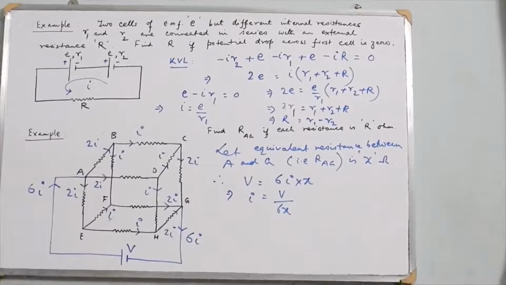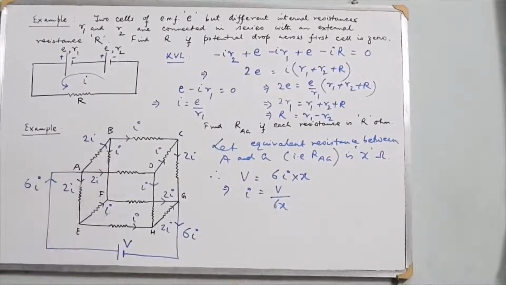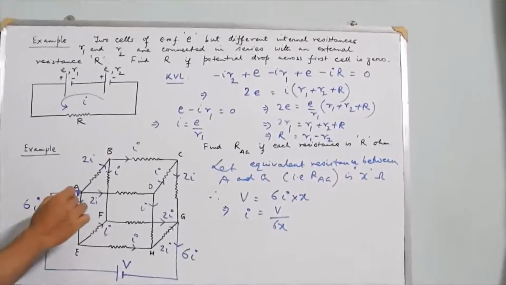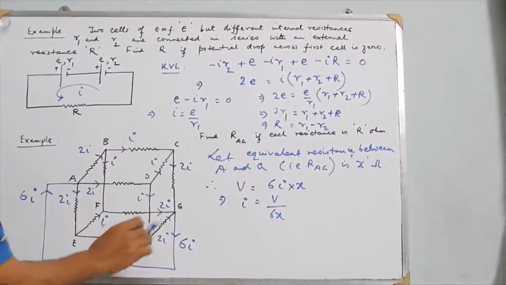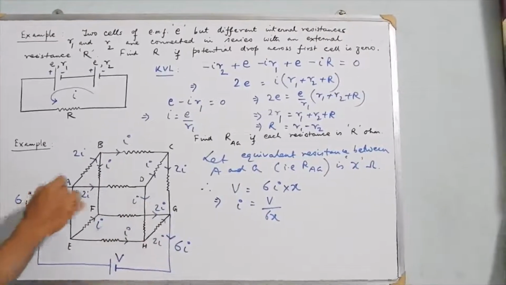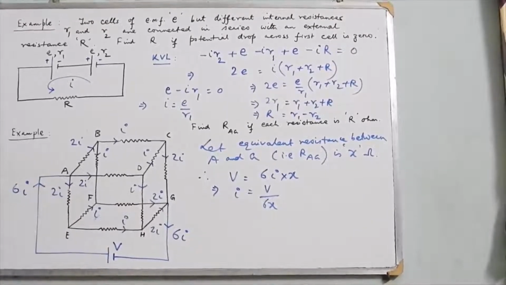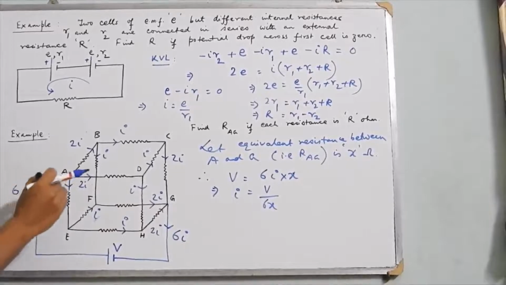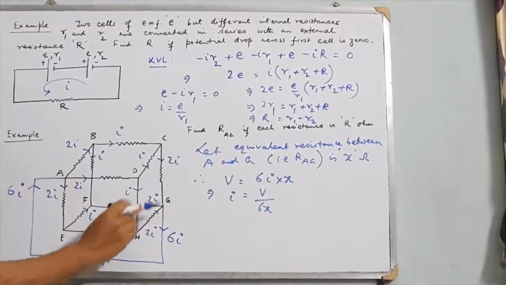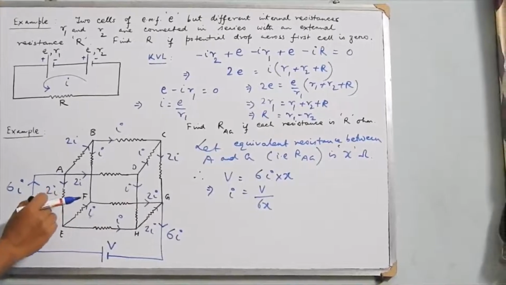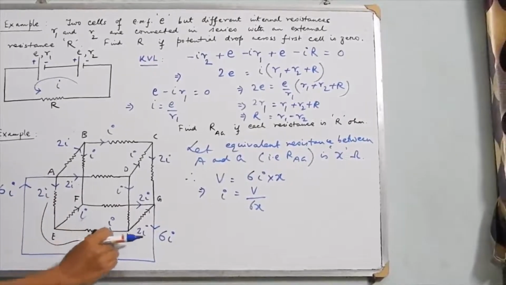Now let us apply KVL in any of the loop. Let me apply KVL along this direction, A, E, H, G, back to A. So this is the direction of the loop that I am moving.